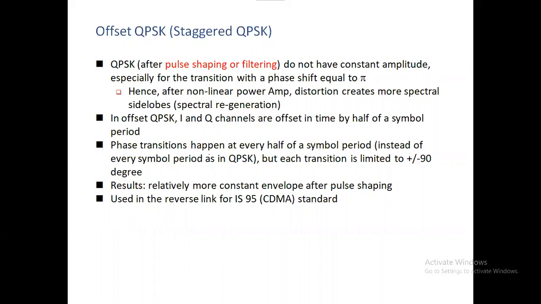So this is unsuitable for satellite communication. To avoid this 90-degree phase shift, or the ±90-degree phase shift, we want to use offset QPSK, which is called staggered QPSK.